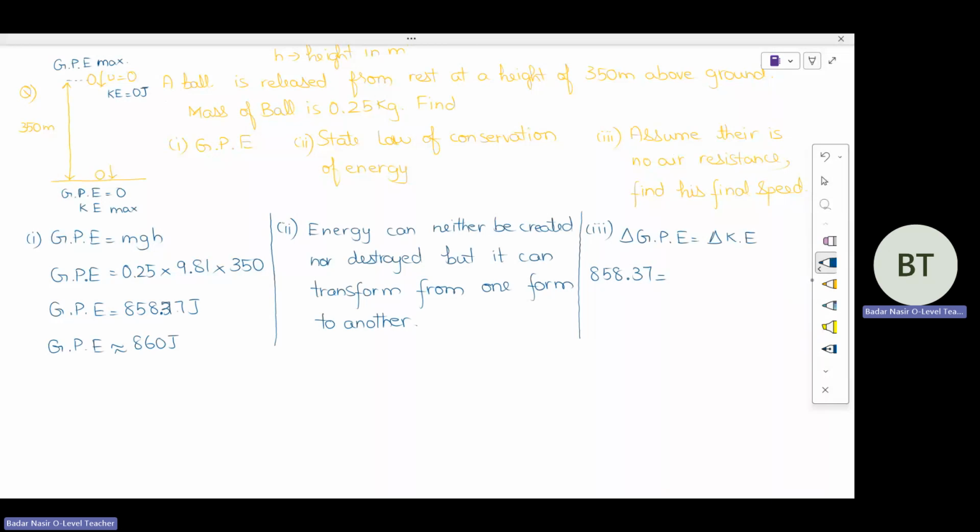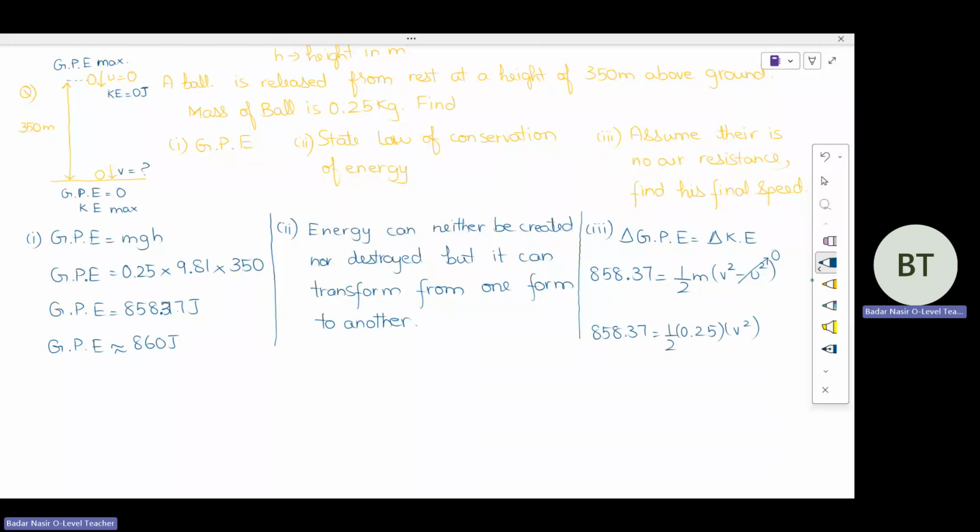Now, let's say for the change in kinetic energy, if I use the formula 1/2 m v square minus u square. अब ये जो u है वो तो है ही zero, और we don't know the final velocity with which it reaches. So let's say if we just put the values, 1/2 m की जगह I am going to write 0.25 v square.